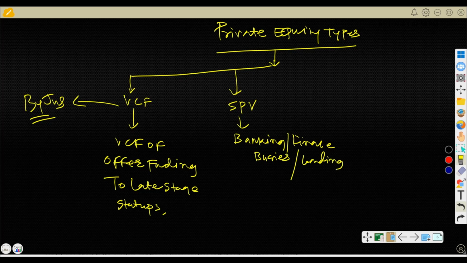If any institution is in a lending business, they can approach a private equity firm to form one SPV and provide funding to support them, where the SPV can sell the securities, and we'll have a detailed discussion on the SPV part also.